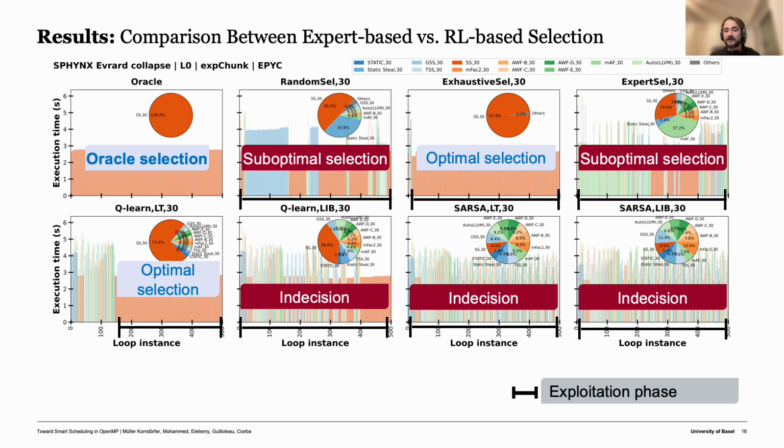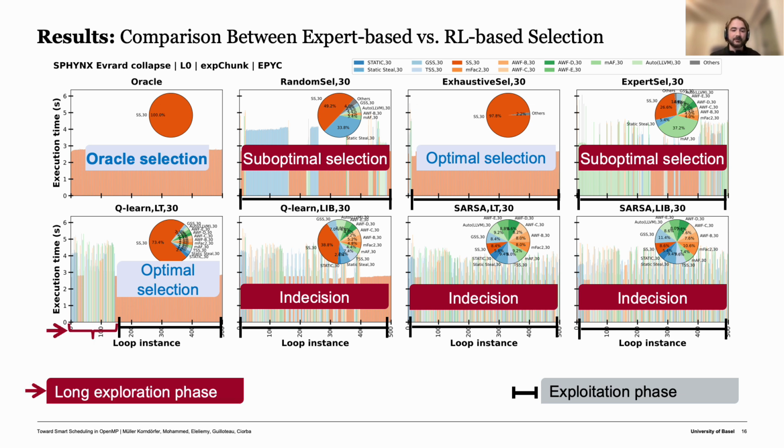Then the expert method, the method based on fuzzy logic, couldn't really achieve or find the optimal solution. Then if we look at the bottom left corner for QLearn, using loop time as a keyword, we can see that it has a long exploration phase, but at least it finds the correct selection in the end.